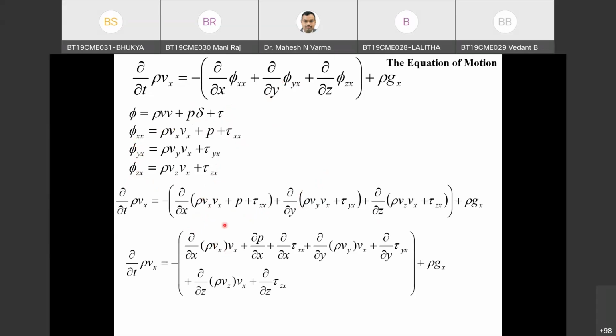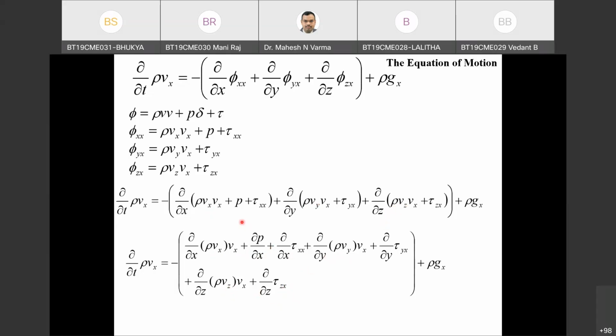So what have I done here? This is my first function and this is my second function. Similarly, this is my first function and this is my second function, and this is my first function and this is my second function.